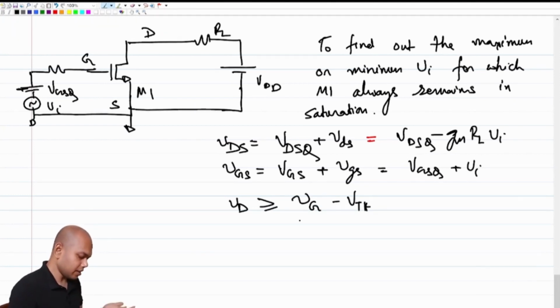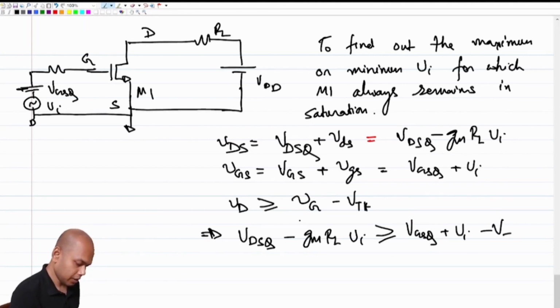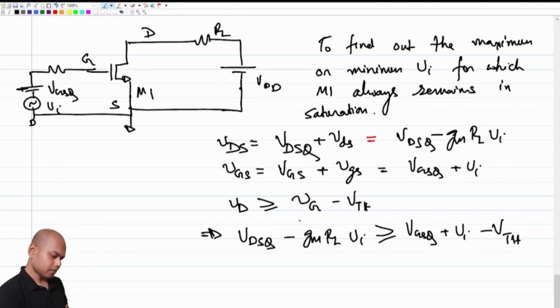Since this is the case, I need not even bother about the source, but in this example the source is grounded, so it doesn't really matter whether I am expressing in terms of VDS, VGS, or only Vd or Vg. This essentially gives us the condition that VDSQ minus Gm times RL times Vi should be greater than VGSQ plus Vi minus the threshold voltage.